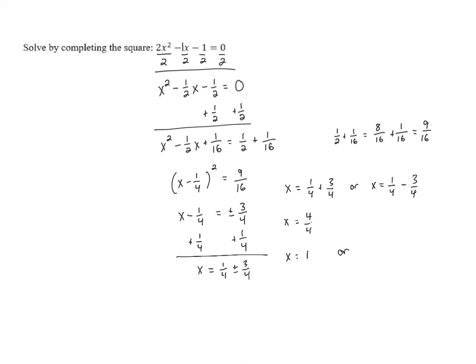So the first solution is x equals 1. For the other one, 1/4 minus 3/4 is negative 2/4, and this reduces to negative 1/2. So that's our second solution, and that means that our final answer is going to be x equals 1 or x equals negative 1/2.